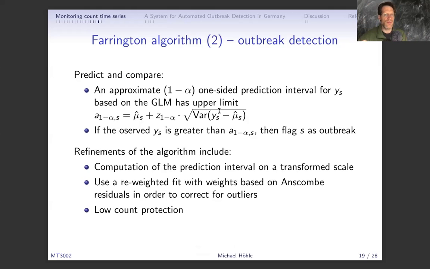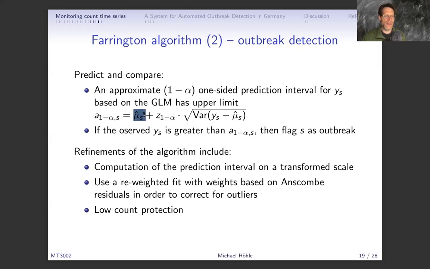But what we can do is not compute this prediction interval directly on the observational scale, but take a transformed scale. For example, you can take a square root transform of your data first, then on that transformed scale compute a plug-in normal based prediction interval, and then transform that back.